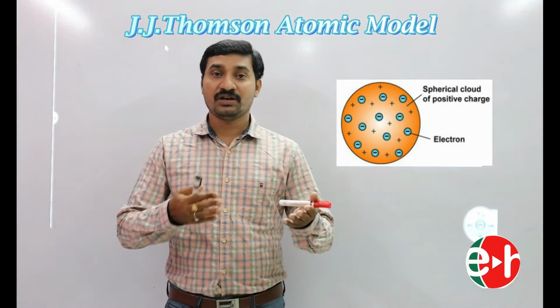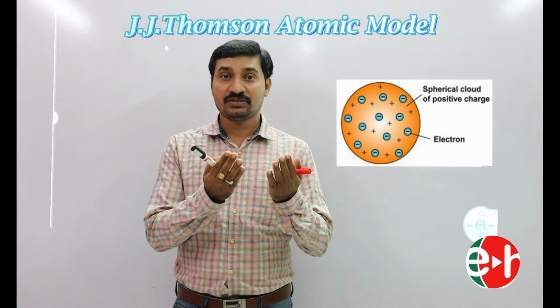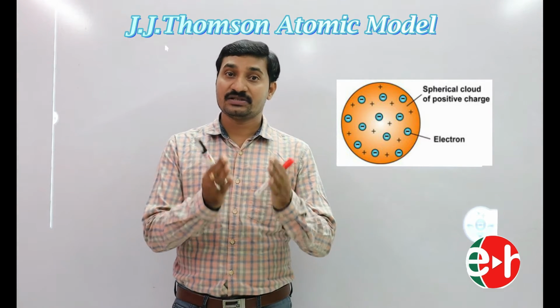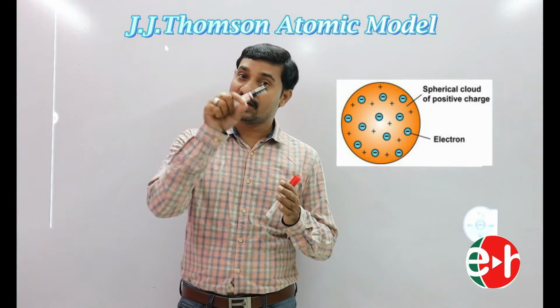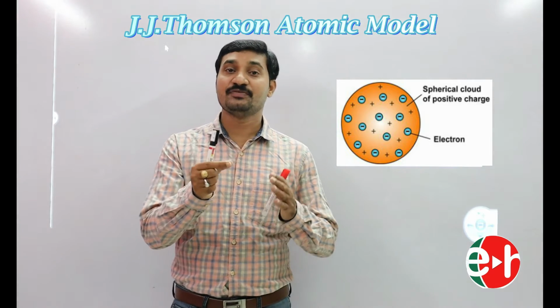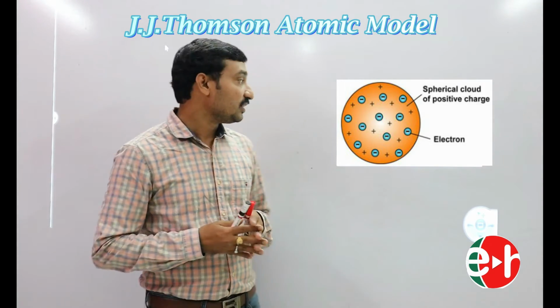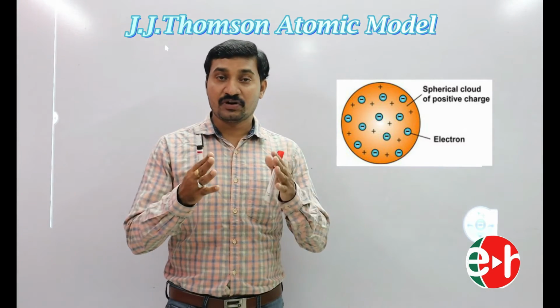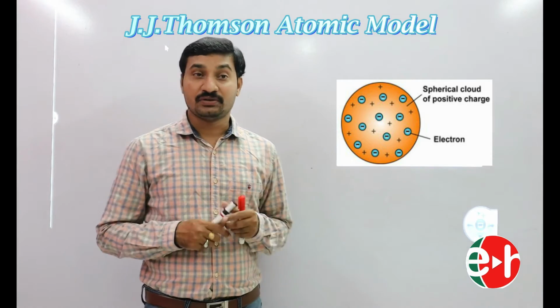If you cut a watermelon, we observe the red colored part, which is assumed as positive charge, and the black colored seeds are assumed as electrons. That's why this model is also called the watermelon model.